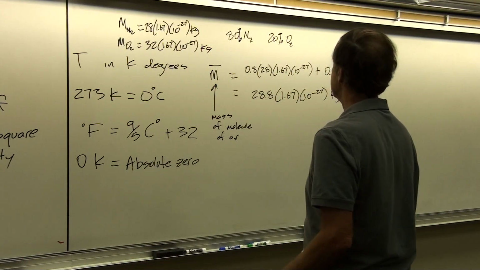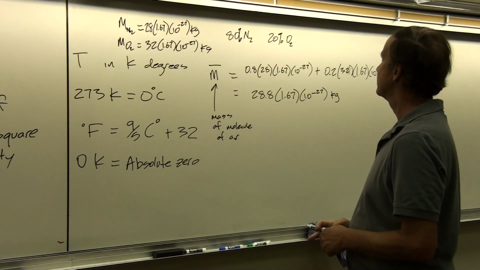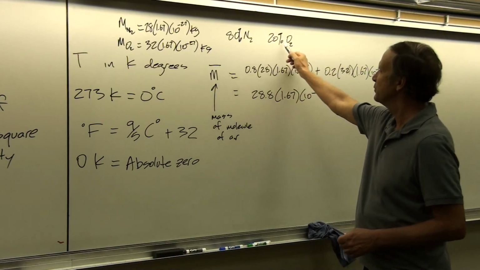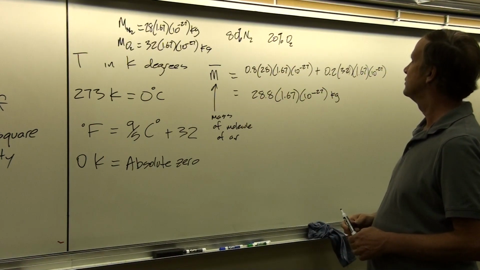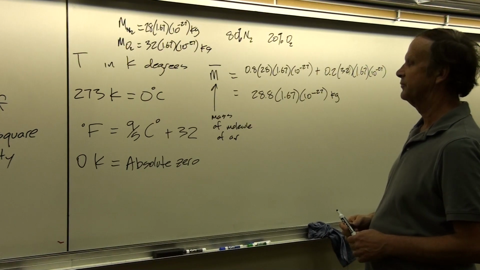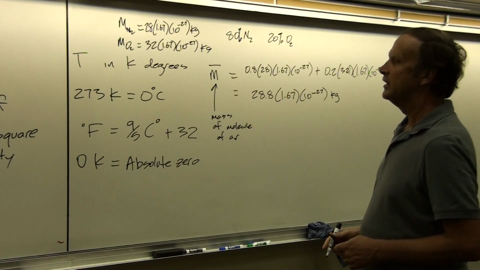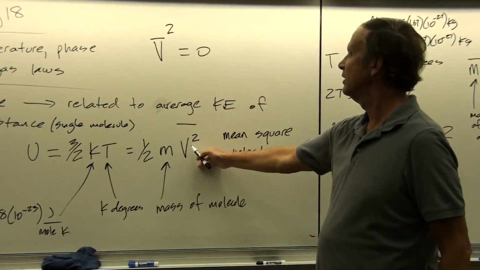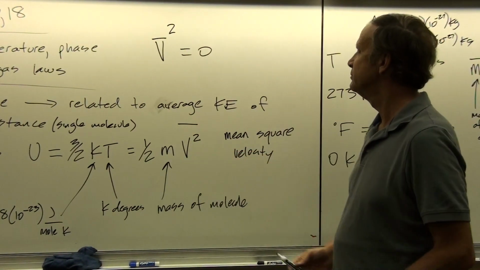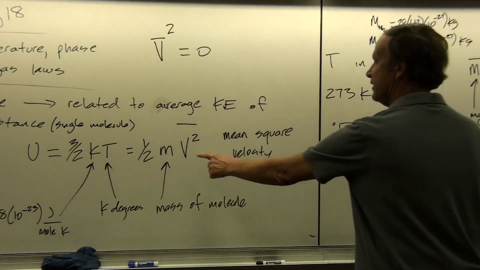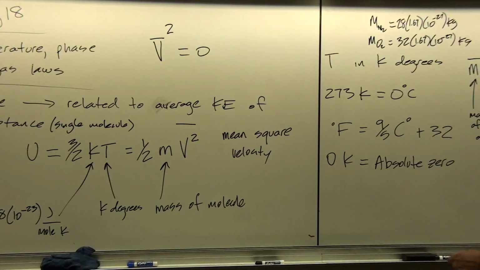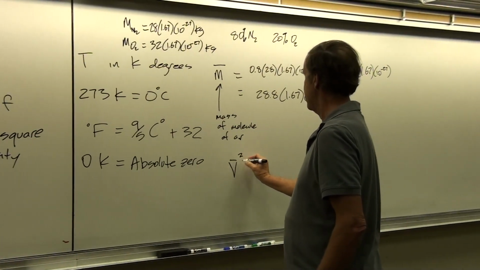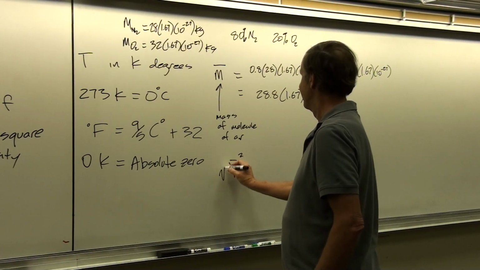So this is the average mass of a molecule of air, taking into consideration that 80% of it is nitrogen and 20% of it is oxygen. So if we want to know how fast a typical molecule of air is moving, we can solve this equation for V average squared, and then we take the square root of that.